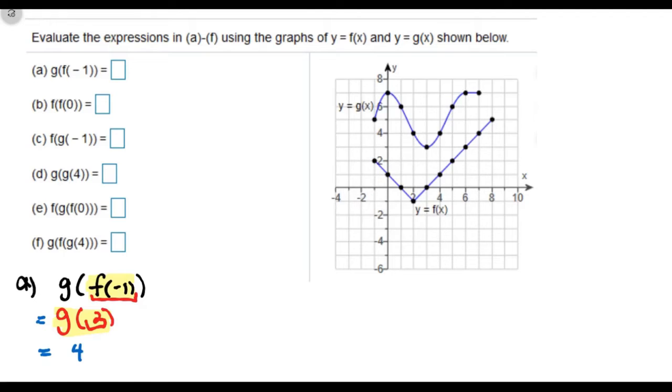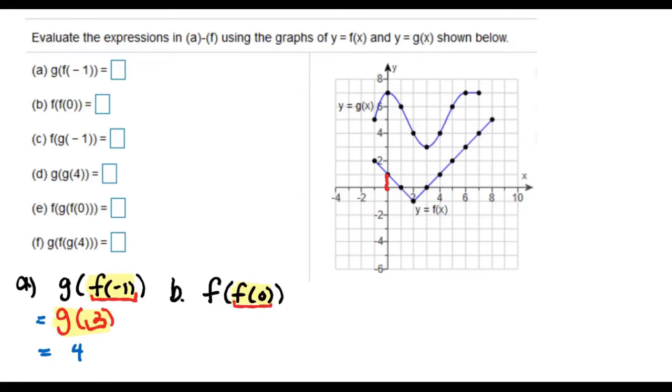Okay, let's try the next one. I have f of f of 0. So we're going to start on the inside, f of 0. Starting with an x value of 0, I'm going to go up to the graph of f, and my y value is a 1 there.